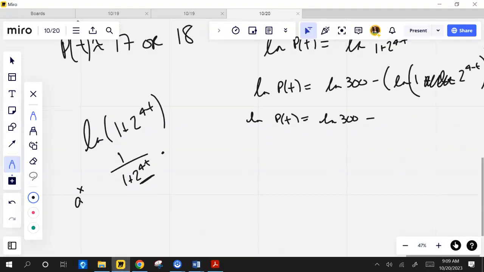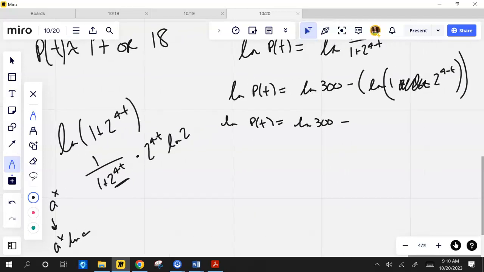The derivative of a to the x, remember, is a to the x times log of a, right? So this would be 2 to the 4 minus t times ln 2, but then I've got to chain again because this is a function. You see what I'm saying? Should be a double chain.